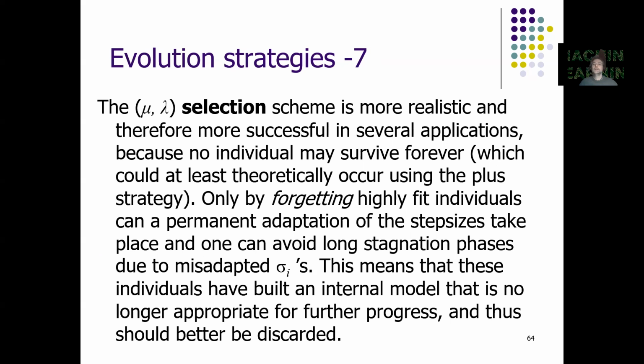The comma strategy is considered more realistic and has been used in several applications, because no individuals survive forever, so theoretically it gives an advantage compared to the plus strategy. But as I said, it depends on the problem, because you might have situations where you want some individuals to survive from generation to generation.